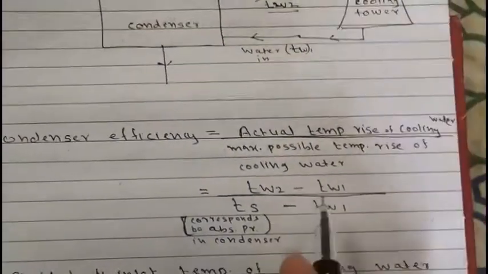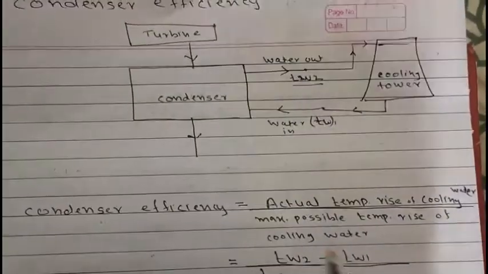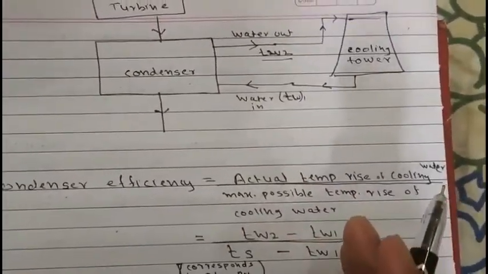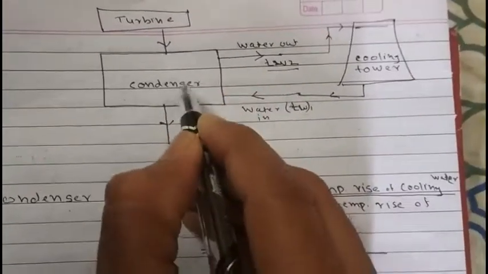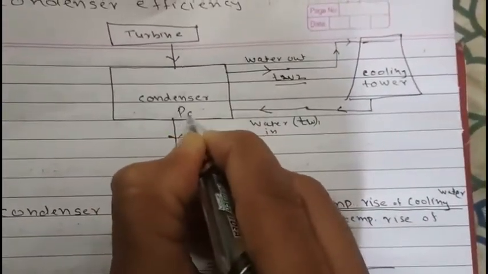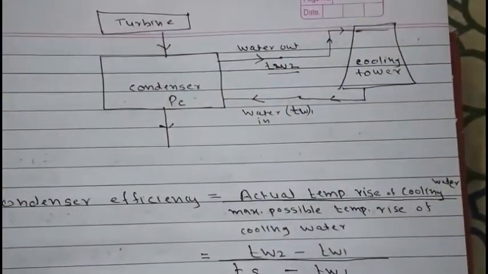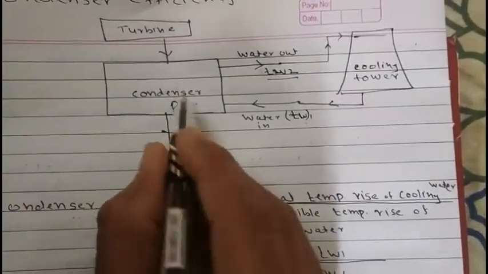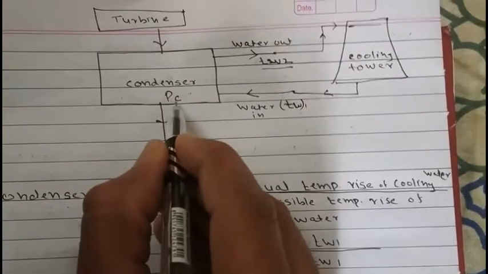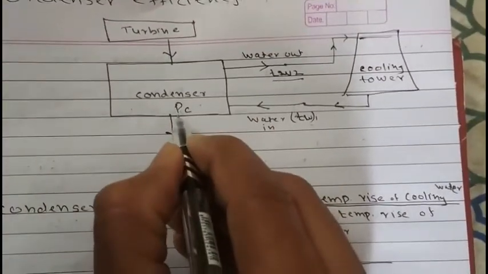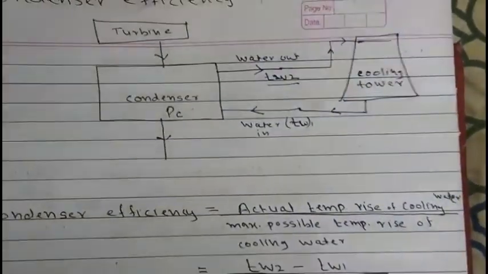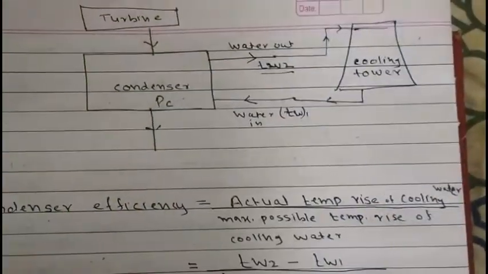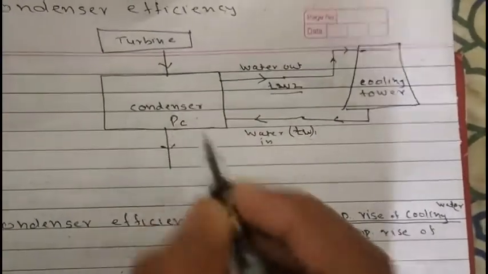What is the maximum possible temperature rise of the cooling water? How much can the water be heated at most? It will be related with the absolute pressure inside the condenser. We will find out the absolute pressure inside the condenser, and with respect to this absolute pressure, the saturation temperature.